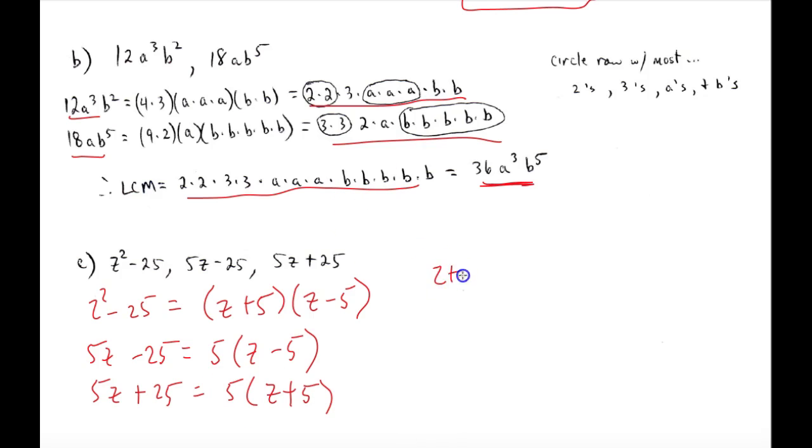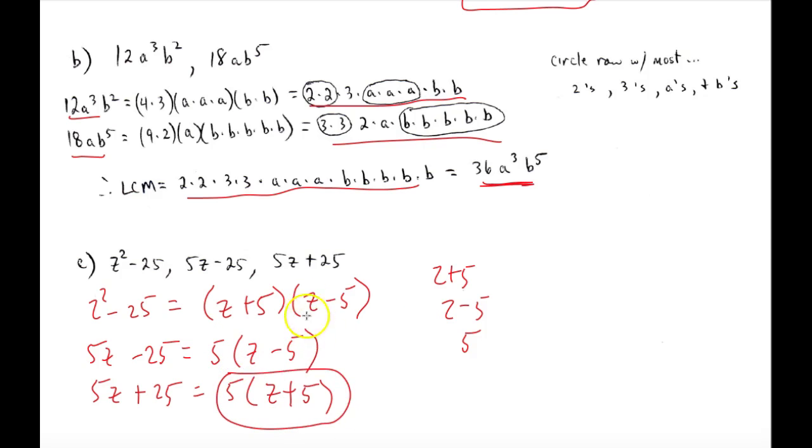So we have z plus 5, z minus 5, and 5 for our prime factors. So we see that here, no row here has more than 1 z plus 5, and no more than one row has 1 5 in it. So we're going to circle all of this.